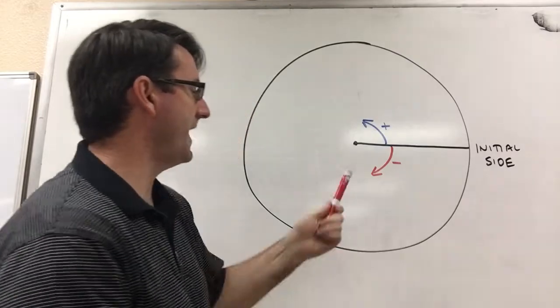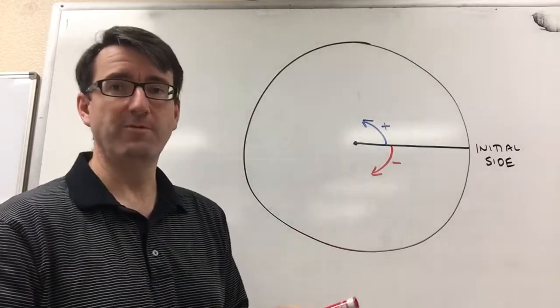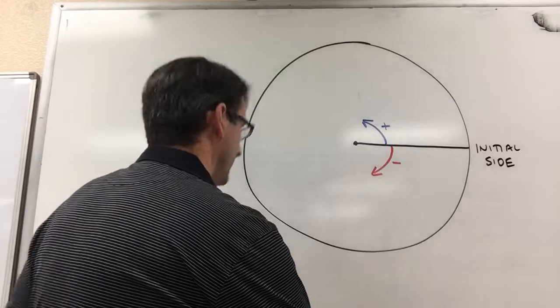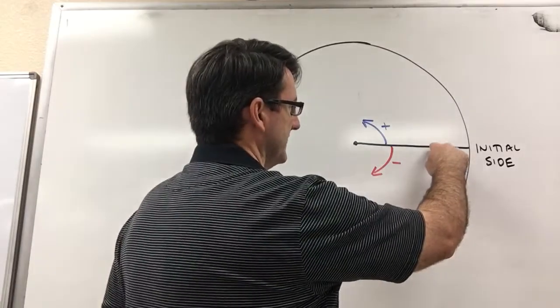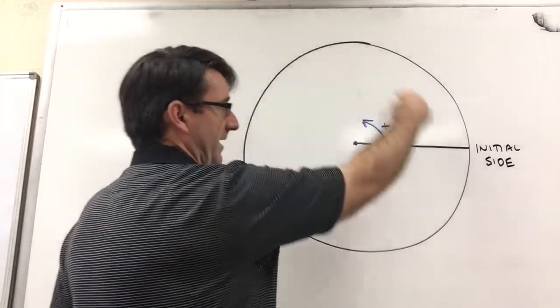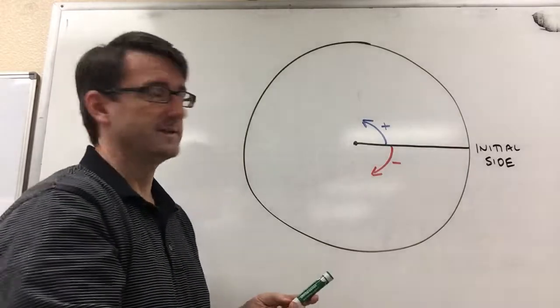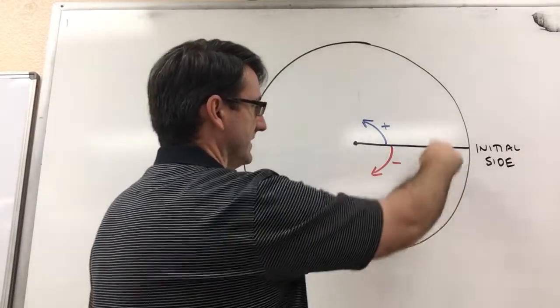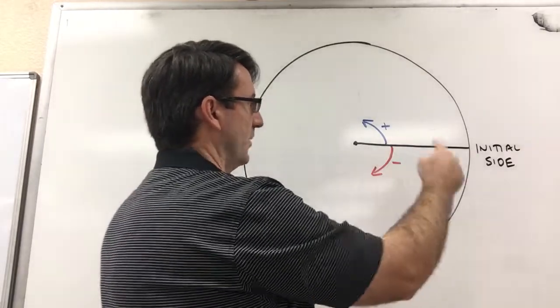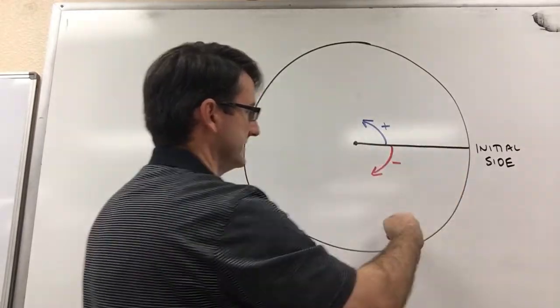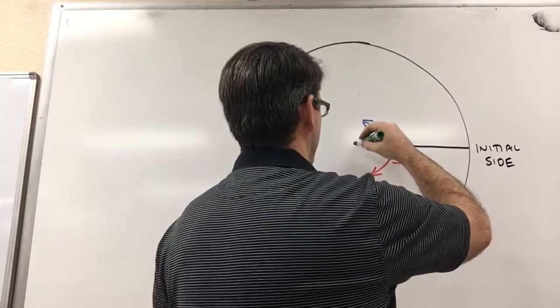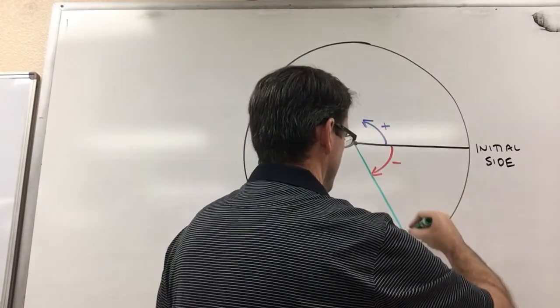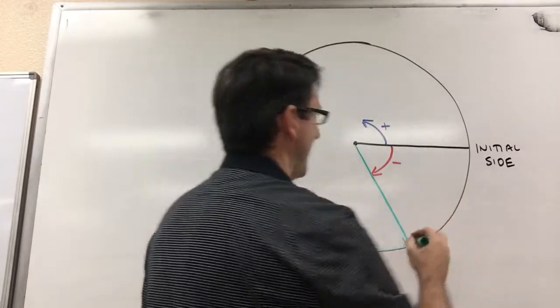So an angle of negative 420 degrees starts here at the initial side, goes all the way around, that's 360 degrees, and then it's got to go another 60 degrees beyond that to get to 420 degrees. It's 360 plus 60. And so you're going to have an angle that comes down about like that.